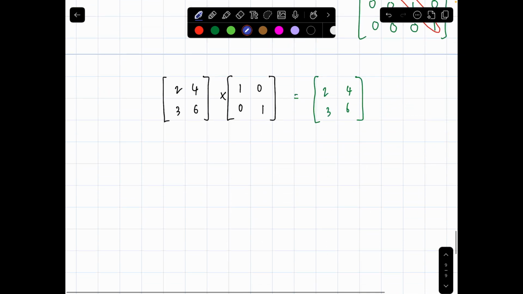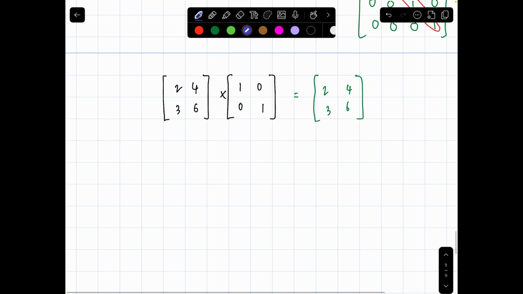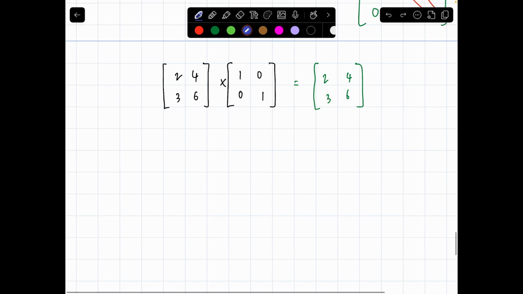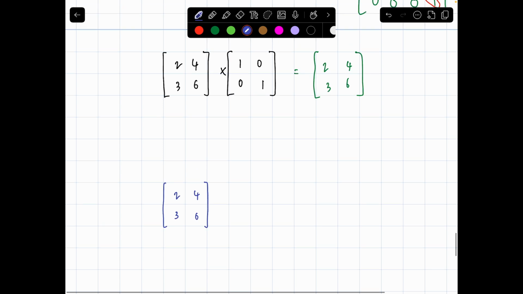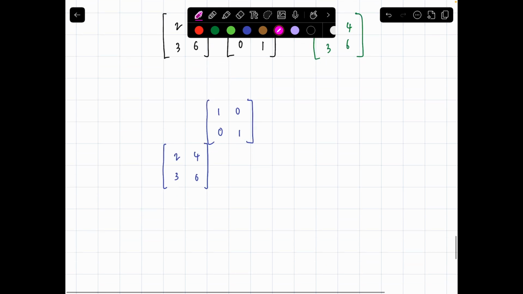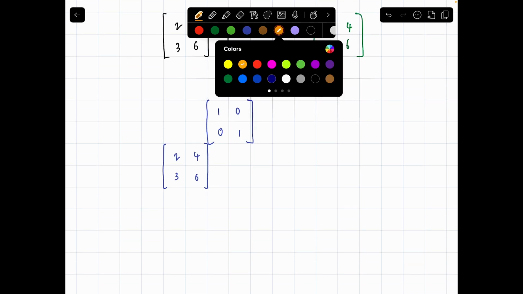Let me show you how I multiply this. So we have 2, need some space. Let's put 2 here, 3, 4, and 6. Then 1, 1, 0, 0. Matrix here and a matrix here. Use the orange color.